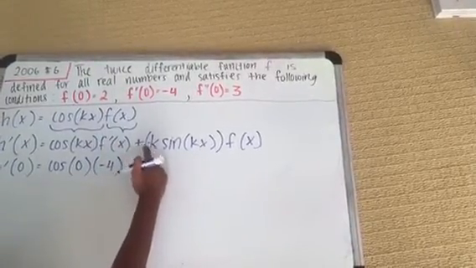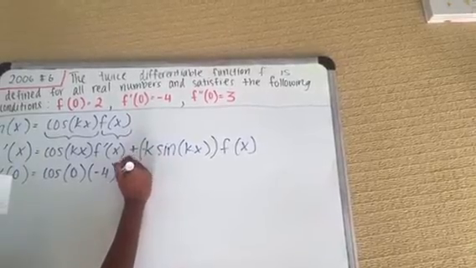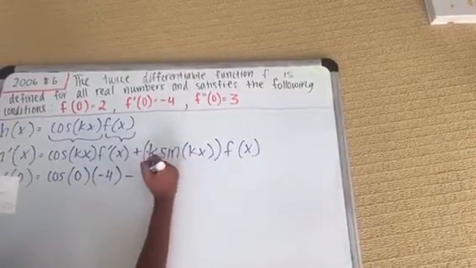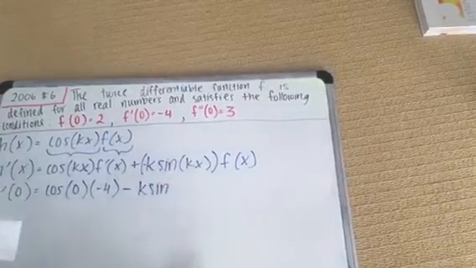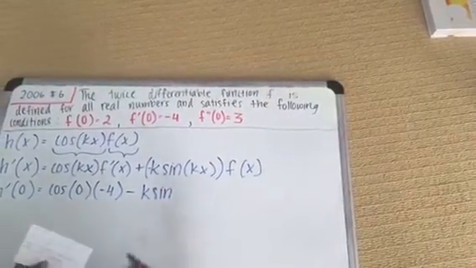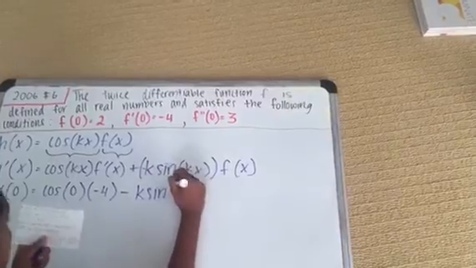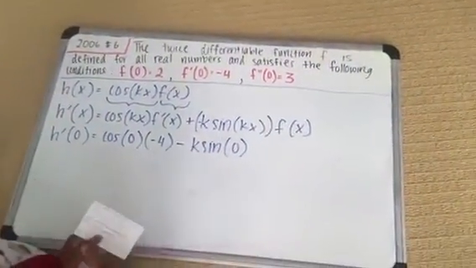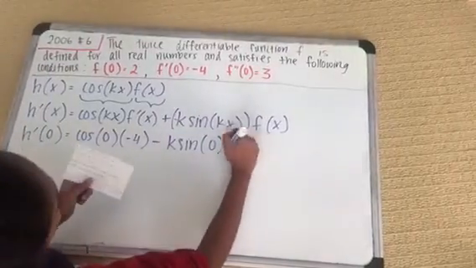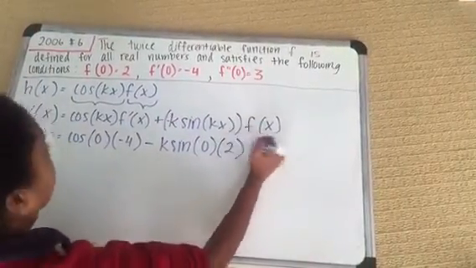And then since it's plus a negative, we're just going to bring that negative out front. And k sine of k times 0, again, would be 0. So sine of 0, and then f of 0 is 2 from the given data.